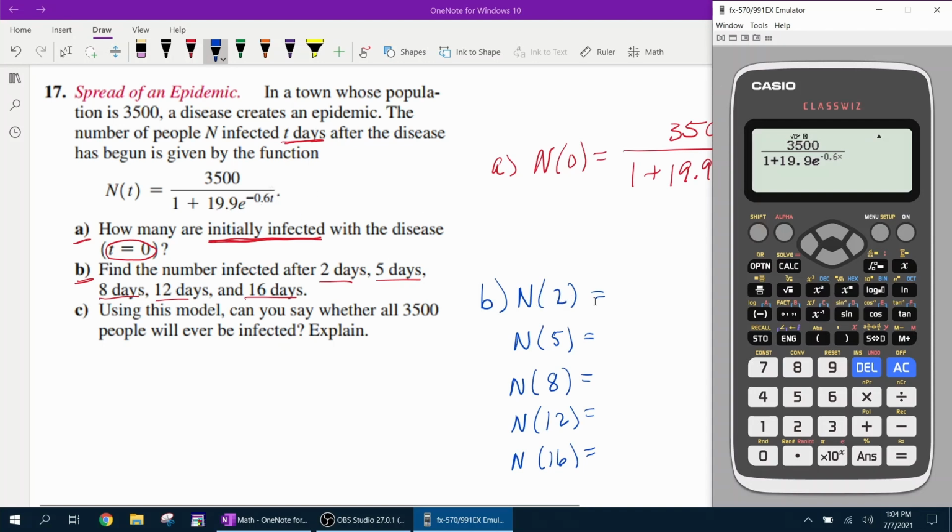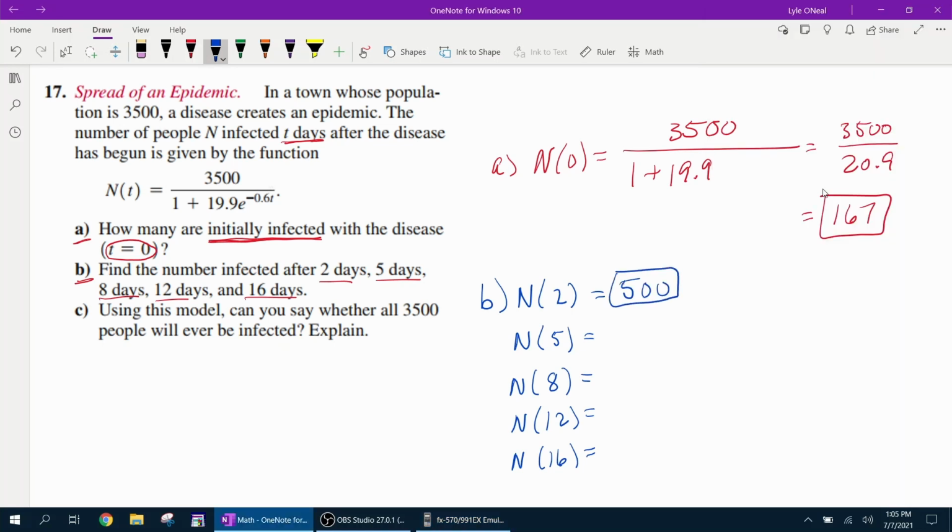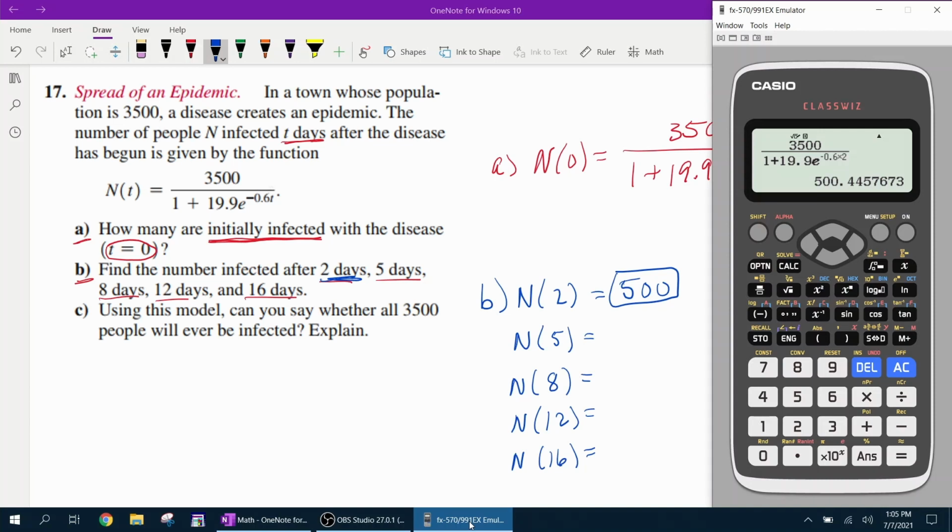So for the first value, it's going to be times 2 equals, and we need to round that to the nearest whole number, which is 500. So how many people were infected after 2 days? 500 people were.